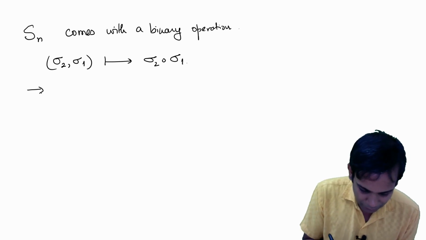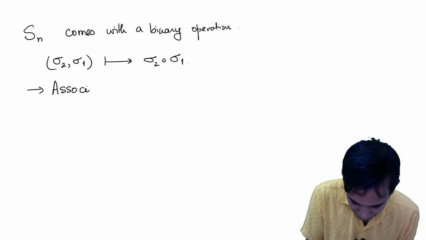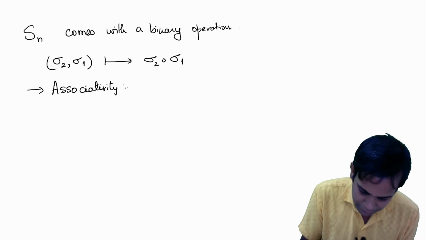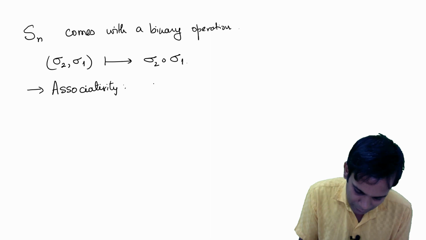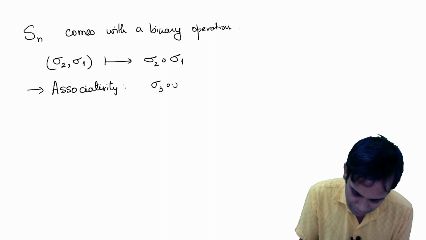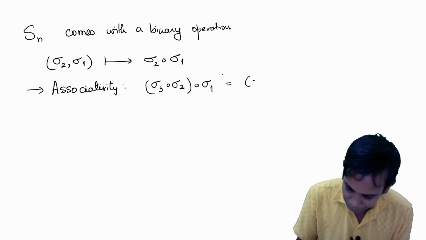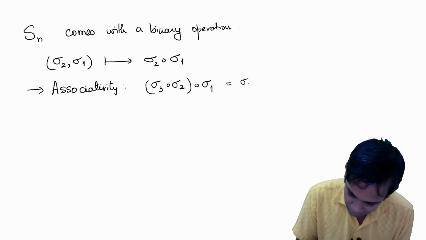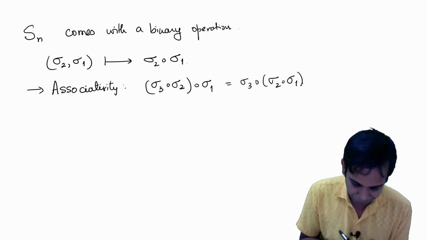The first axiom I will write as associativity, which says that for any 3 permutations, sigma 1, sigma 2 and sigma 3, we have sigma 3 circle sigma 2 circle sigma 1 is sigma 3 circle sigma 2 circle sigma 1.